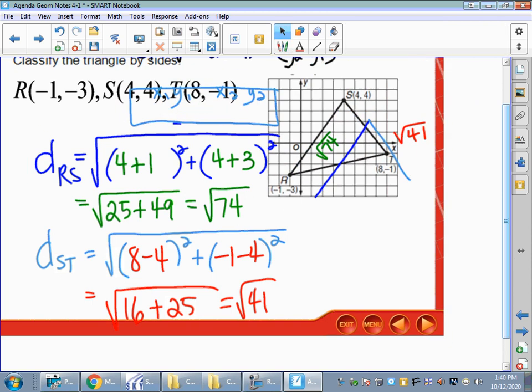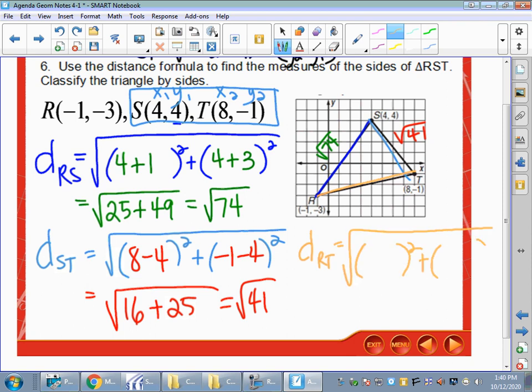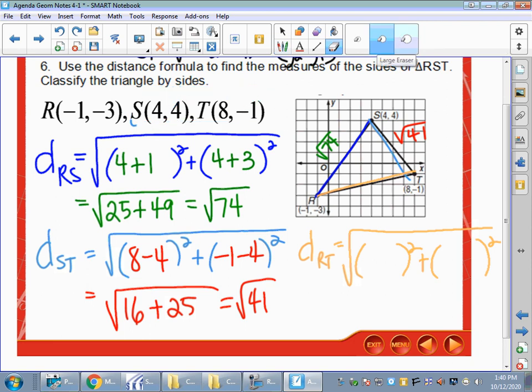So now my last side, according to my diagram, is side RT. So distance formula for RT. Now when I go to my ordered pairs, I'm going to ignore S in the middle. I'm going to do R, whoops, x, y, 1 and 1.